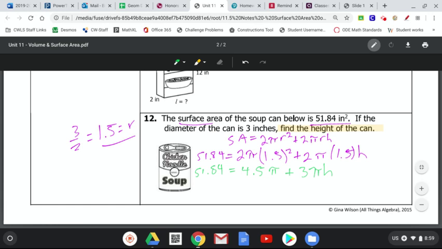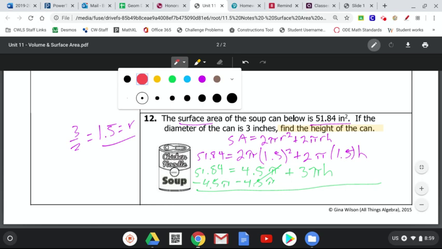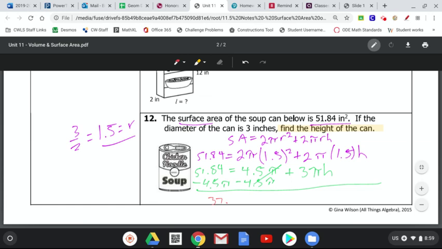After that, we're going to subtract this 4.5 pi, which is going to cancel on that side. Subtract 4.5 pi. When we do that, what we're left with is 37.7 equals 3 pi times the height.